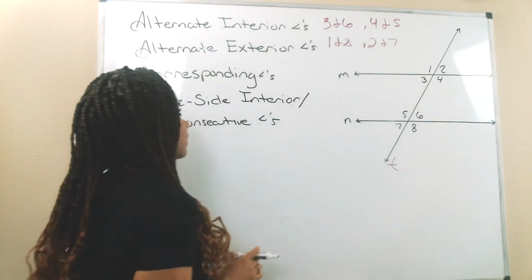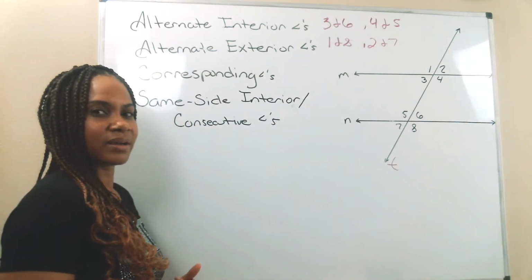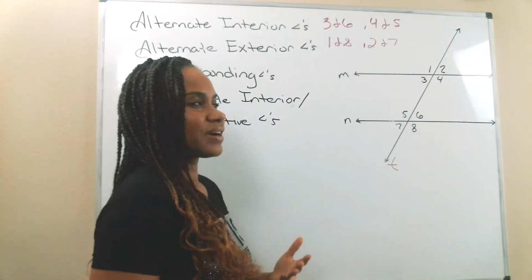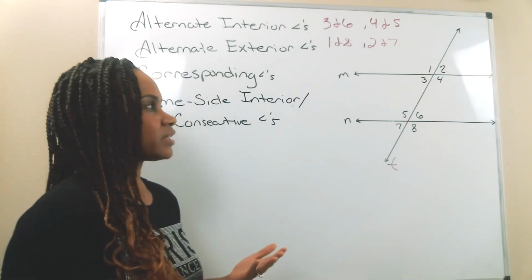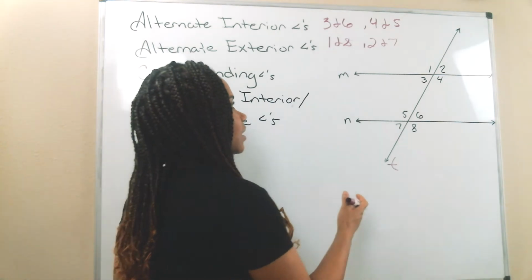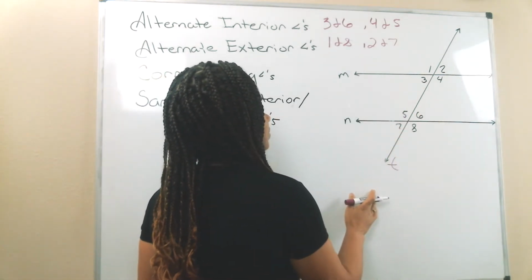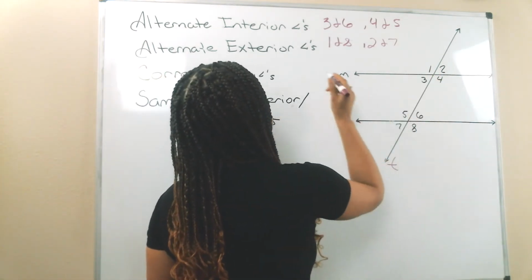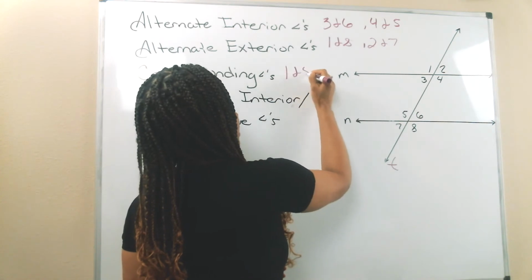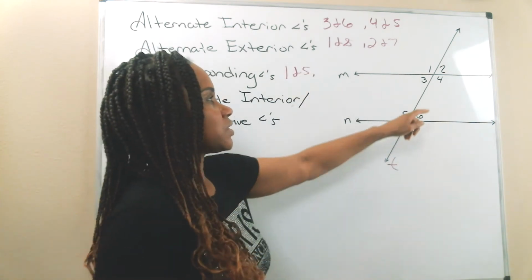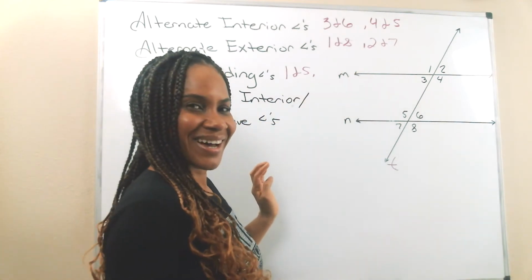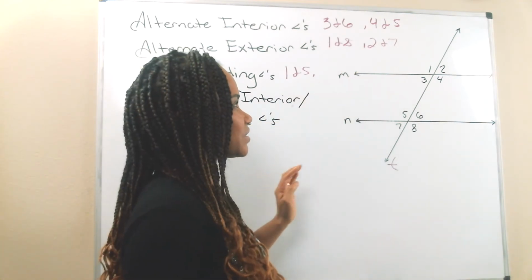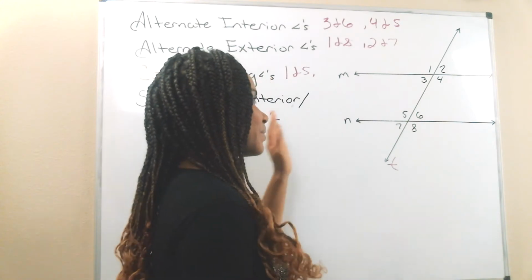Okay. Now we have corresponding angles. Corresponding angles are in the same position on the transversal and on their respective lines. And so this is our transversal. And so angles 1 and 5 would be a pair of corresponding angles because they're both on the upper left of their respective lines.